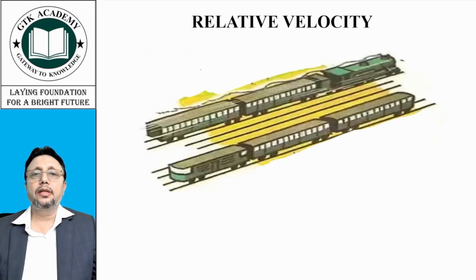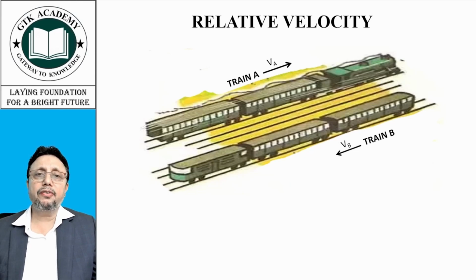Suppose there are two trains, train A and train B. Train A is traveling with a velocity of VA in this direction, train B with a velocity of VB in this direction. Now you all must have experienced that when this kind of situation happens, that another train comes on the adjacent track from the opposite direction, it appears to go very fast.